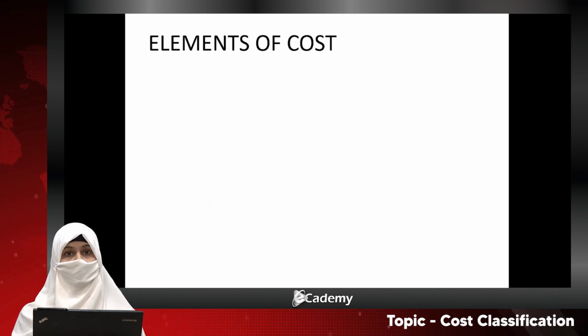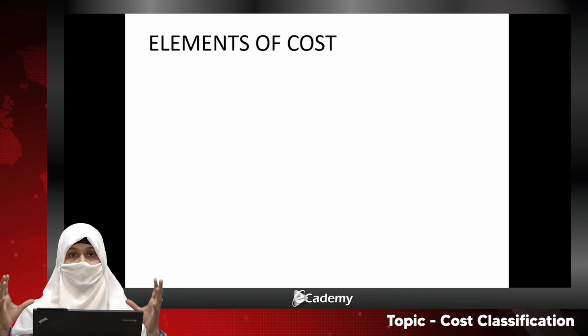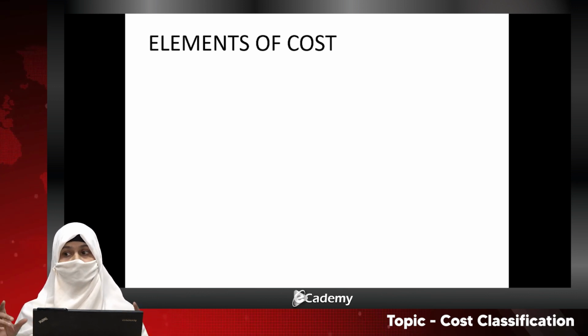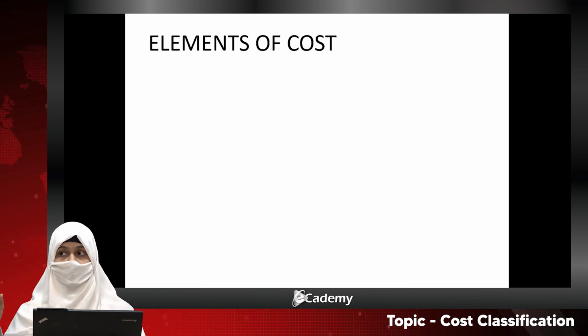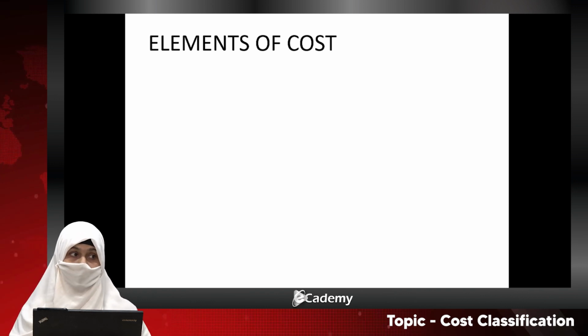The foremost thing is the element of cost. Students, please make up your mind that cost in all the organizations does not remain the same. It's not a universally accepted concept that if a certain organization is bearing a certain category of cost, then the other organization would be bearing the same too.